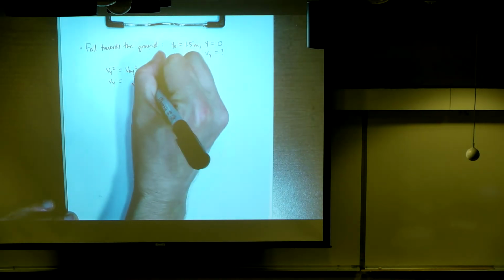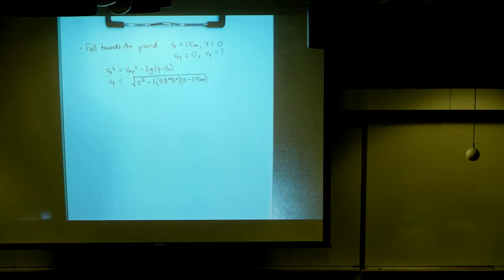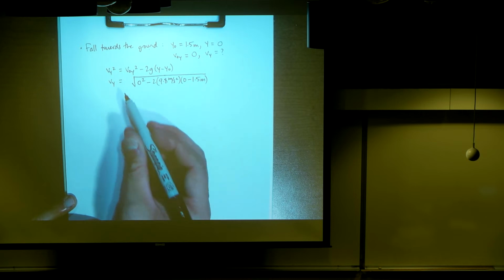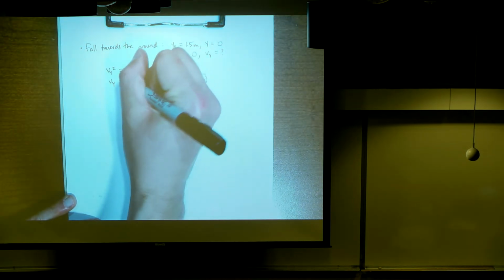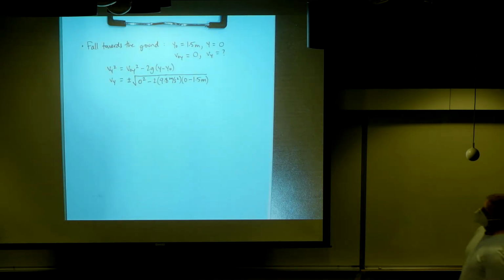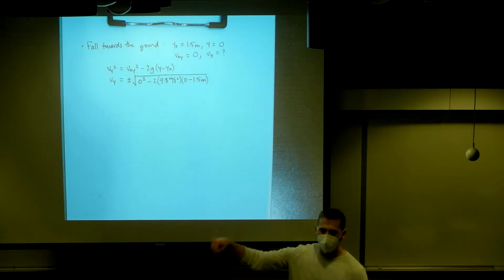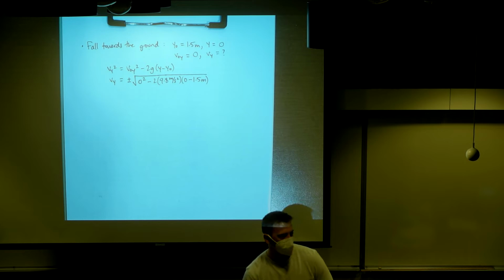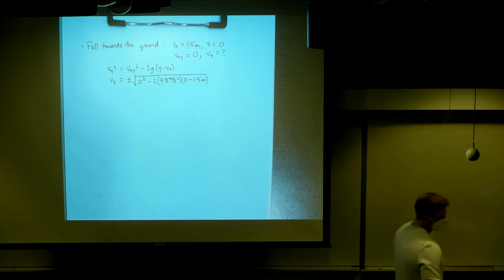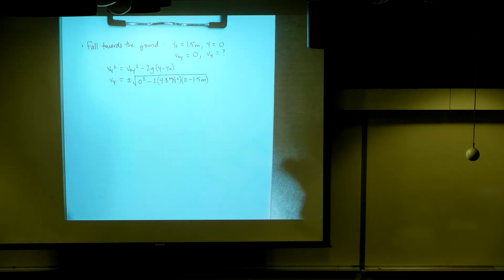I do have to be a little careful here, because I'm taking the square roots, okay? When you take the square root, you have a positive and a negative root to consider. And in this case, we want to actually choose the negative root because we're moving downwards. Okay, we have a negative velocity. So what is the result of that?